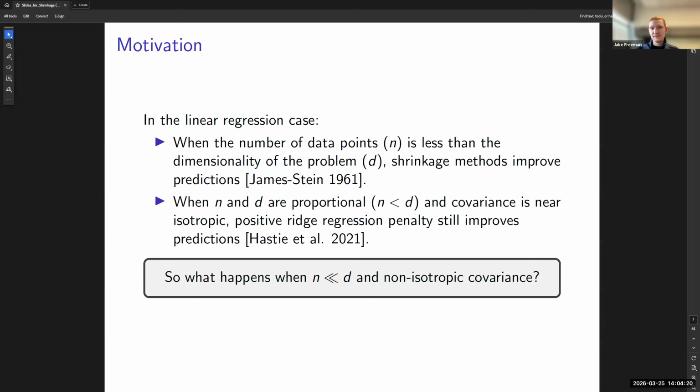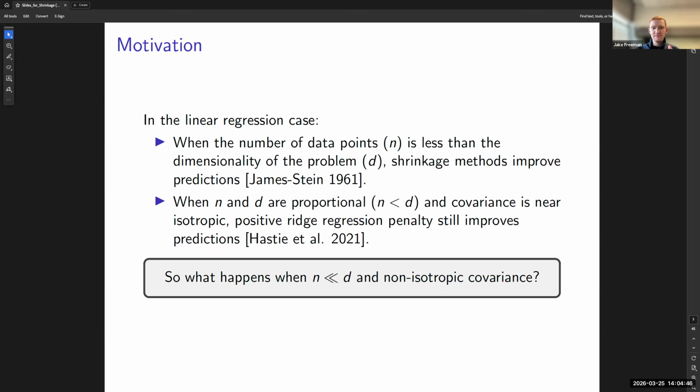And then more recently, people looked into the case where n is actually less than d. N and d are proportional as you take them to infinity. In this case, a lot of people have studied these isotropic regimes, where they found that positive ridge regression, which is another type of shrinkage method, will improve your test error.